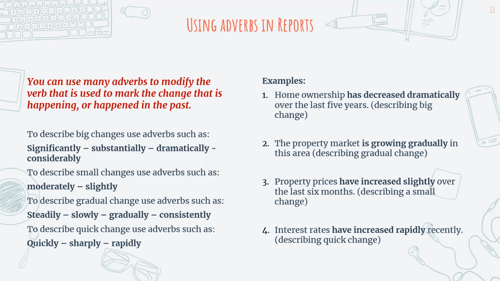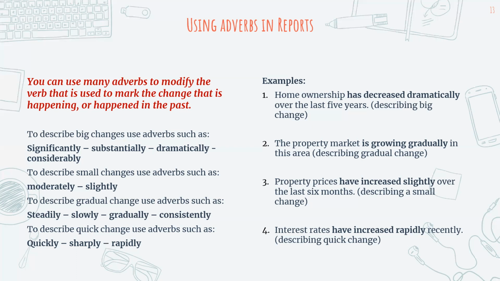Of course, you will use these adverbs with verbs. Okay, it increased significantly. You are describing that something has increased in a big way during a period of time. To describe small changes, use adverbs such as moderately or slightly.